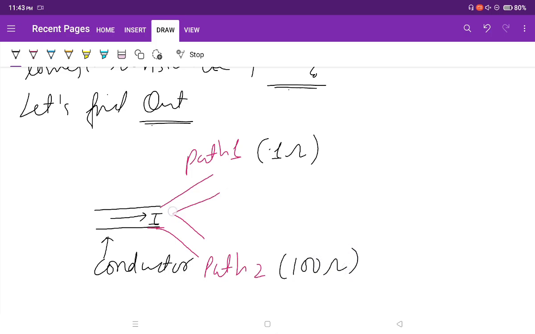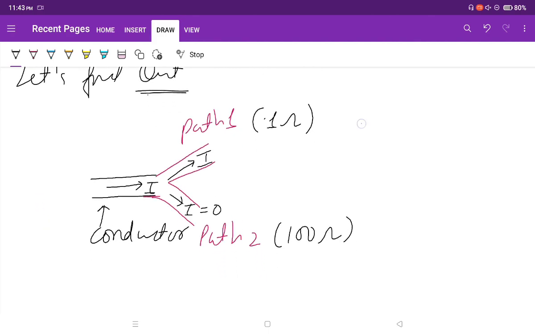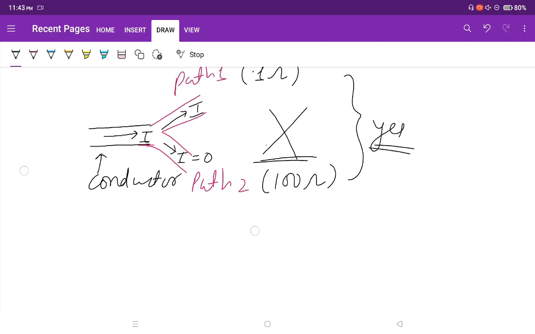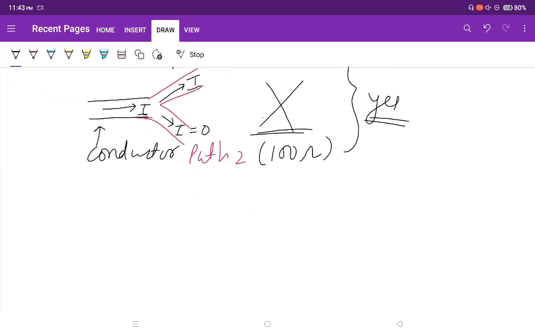Will all the current go through the path of 1 ohm and no current go through the path of 100 ohms, path 2? Mostly we say yes, but it is wrong. Let's discuss what happens here.